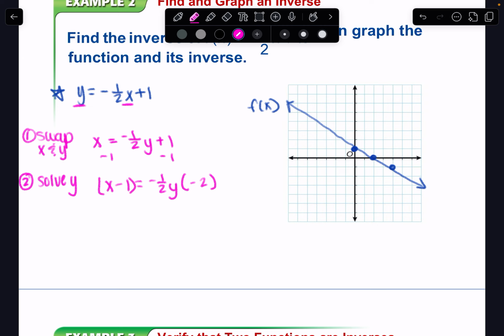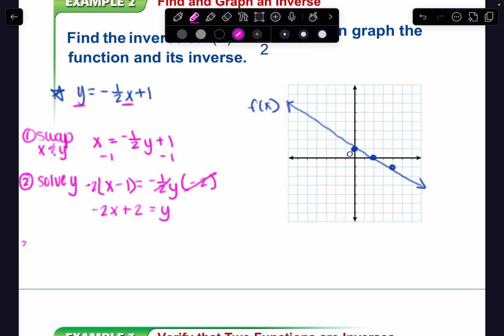Whenever I multiply that to the other side of my equal sign, the negative 2 is being multiplied to the x and to your negative 1. So it's not just going to one of them, it's being distributed to both. So when I do that, I now have negative 2x plus 2 is equal to y. So these are going to cancel each other out.